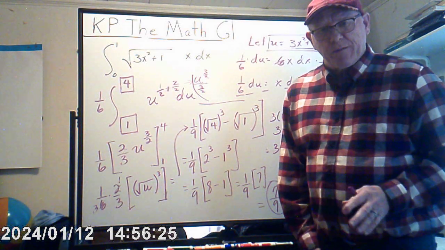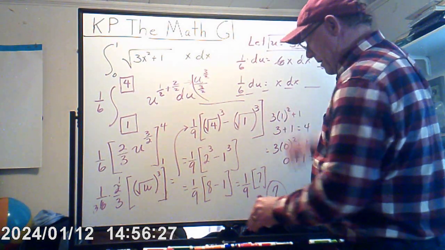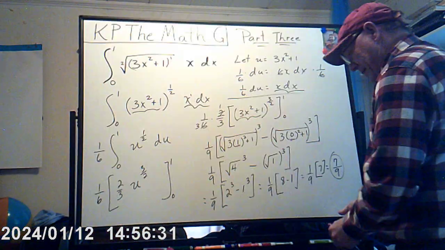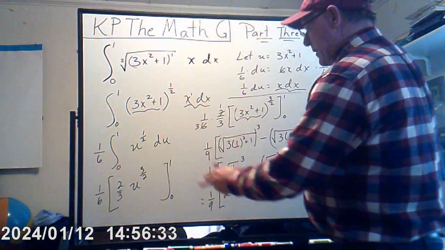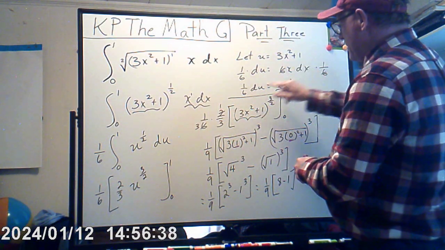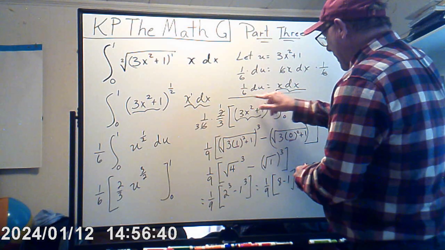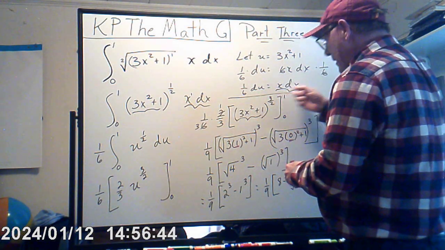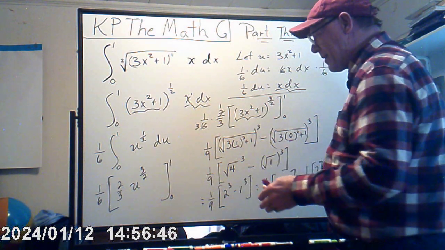Do you see the difference? On the first one, on the first set that we did, let's look back over it again. We still did use substitution, just like we always did right here. And then, of course, everything that follows is right here, 1/6. Du is equal to x dx. That's what we had here.